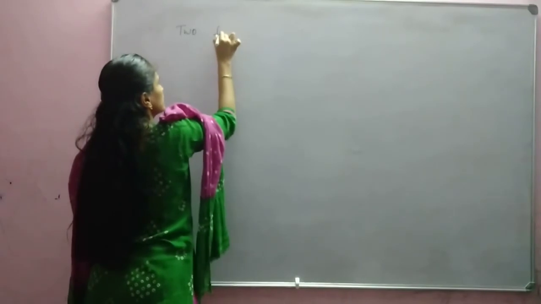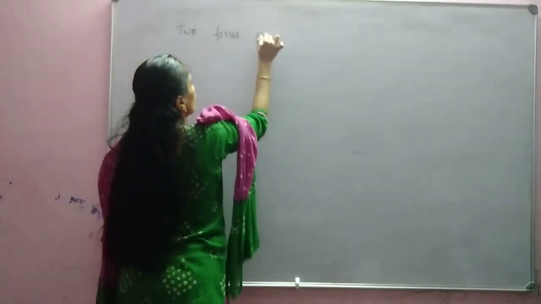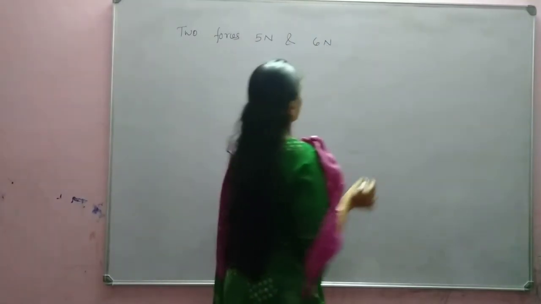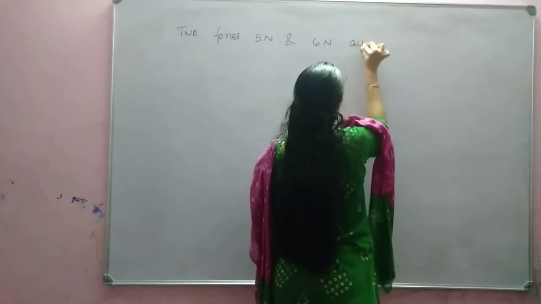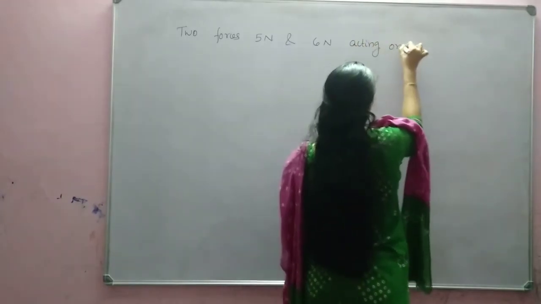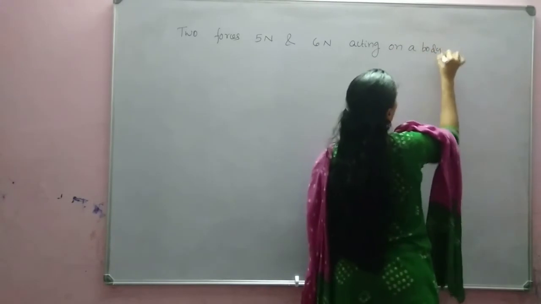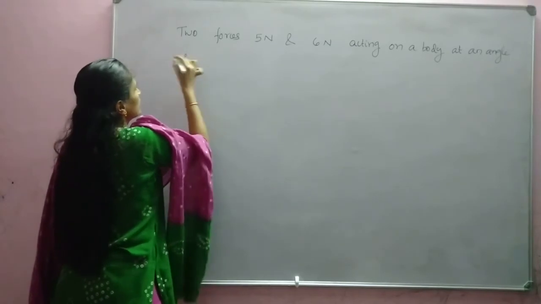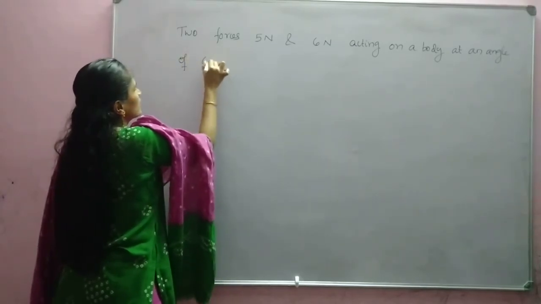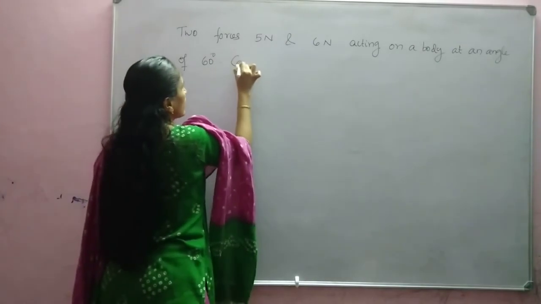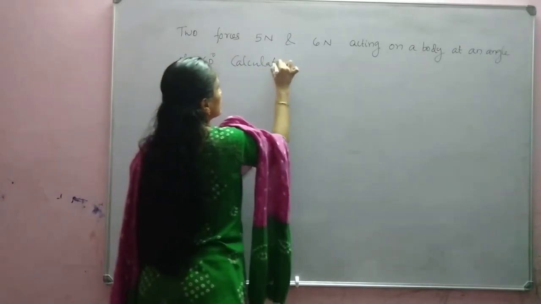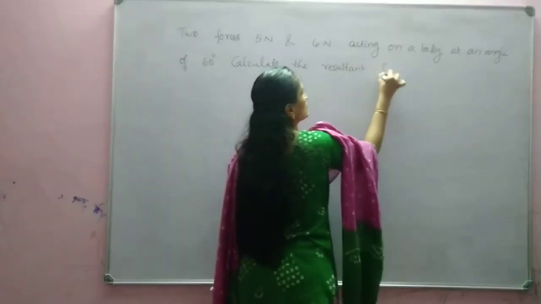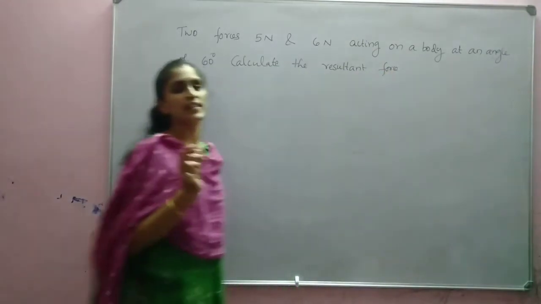So two forces, 5 Newton and 6 Newton, acting on a body at an angle of 60 degree. Calculate the resultant force.